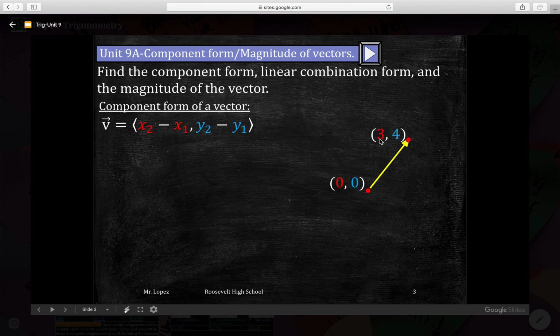So in this situation, it is going to be 3 minus 0, and for the y's it'll be 4 minus 0. So 3 minus 0 is 3, and 4 minus 0 is 4. So the component form of the vector will be 3, 4.